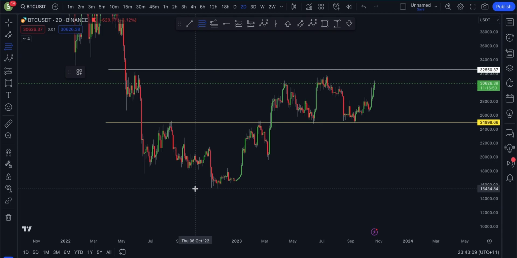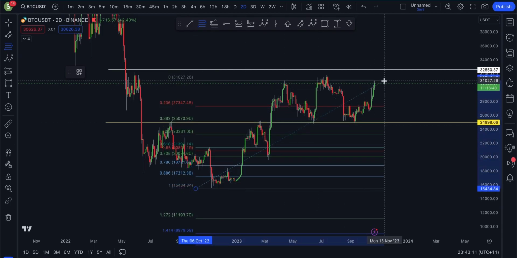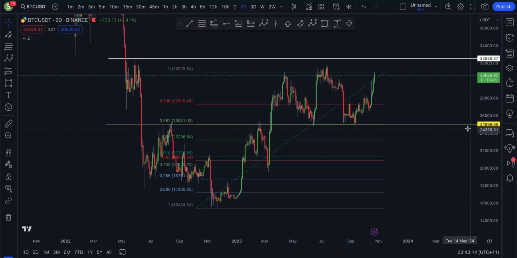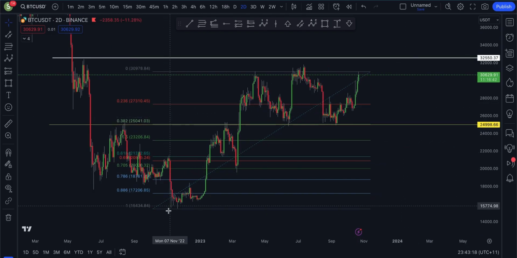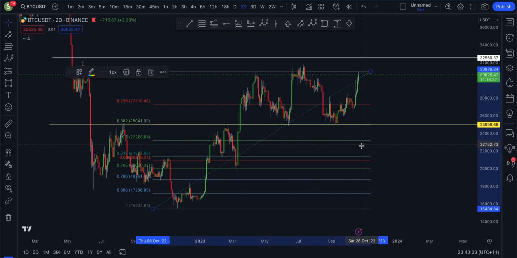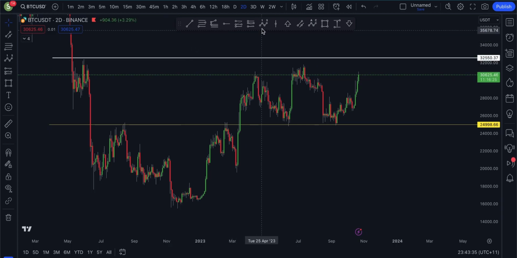I might be wrong, but I've never ever seen in my trading career or history that the first wave is so big and it's just coming to the 0.382 level. It just doesn't happen. It needs to come to the golden pocket or 0.786 in my opinion, or at least 0.5. It just doesn't look like that, right? So it's a very shallow retracement which doesn't make sense to me.